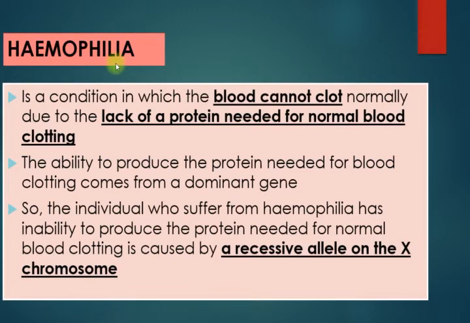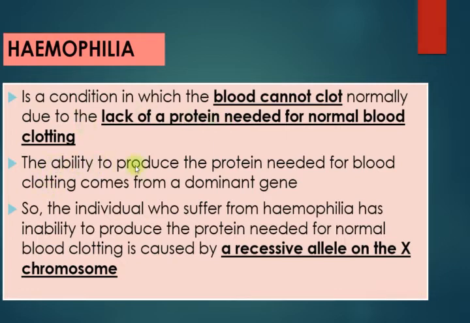Next we go to hemophilia. Hemophilia is a condition in which the blood cannot clot normally due to a lack of the protein needed for normal blood clotting. So the blood cannot clot because of the lack of the protein clotting factor.